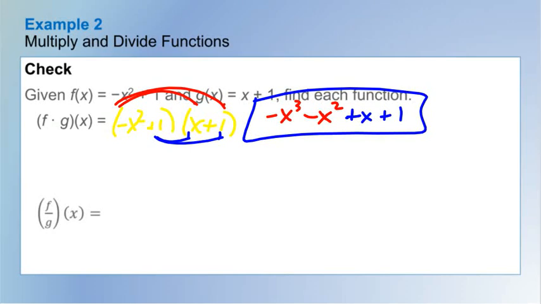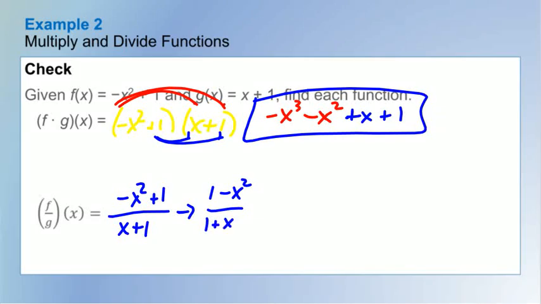And down here, we have negative x squared plus 1 divided by x plus 1. If I do a little bit of rearranging, so just flip the terms around, I would have 1 minus x squared and 1 plus x. Now I can simplify this because the numerator is a difference of two squares, which would be 1 minus x and 1 plus x.